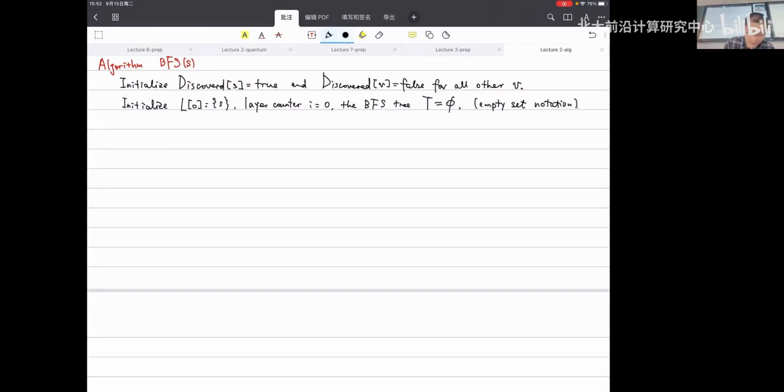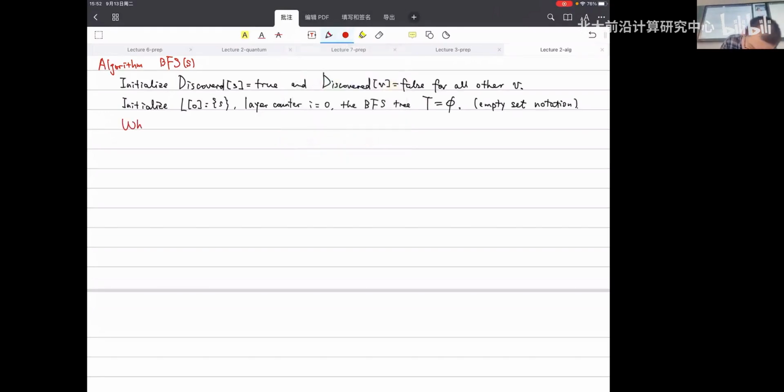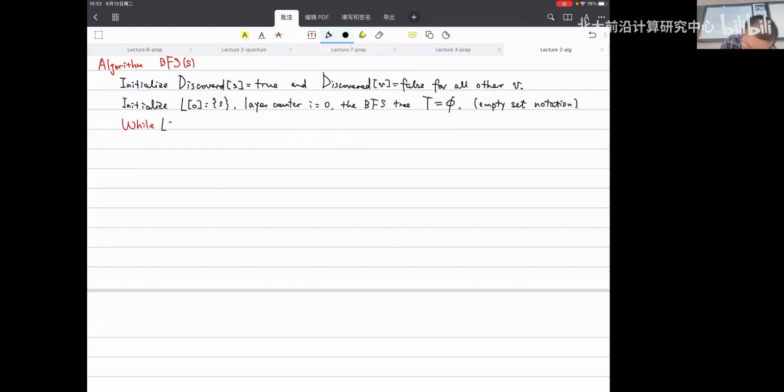Okay, so we consider an iterative algorithm that runs while Li is not empty. For instance, L0 is of course not empty because we have just started. If at a certain point you cannot add any more vertices, that means we have figured out the connected component, and that is when you should stop.